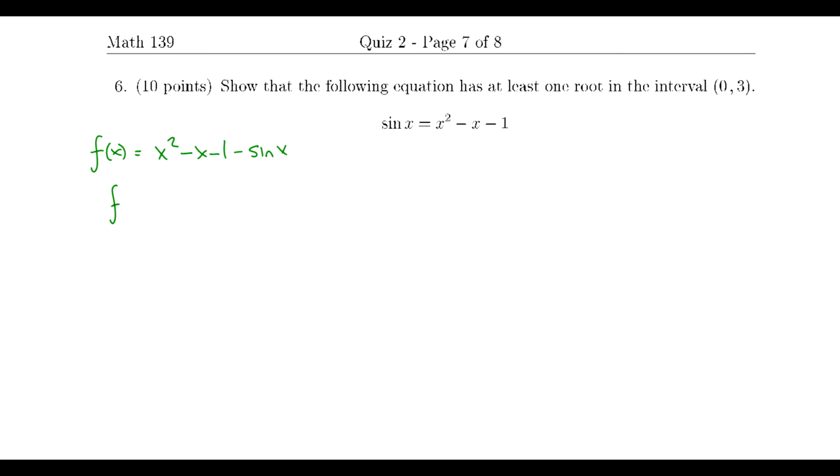We now evaluate f of 0, one end of the interval, so we have 0 minus 1 minus sine of 0, which is going to be negative 1.